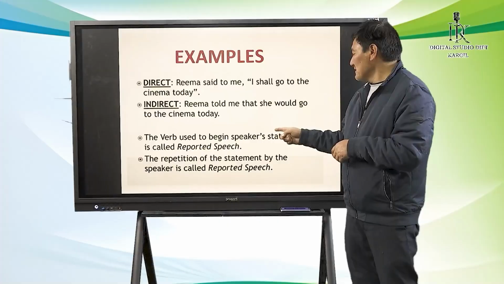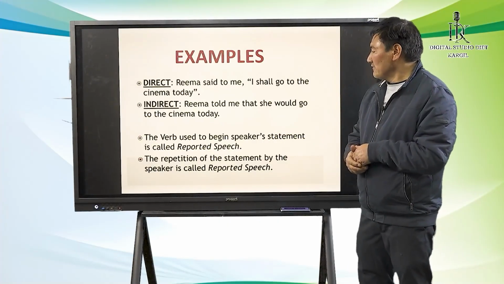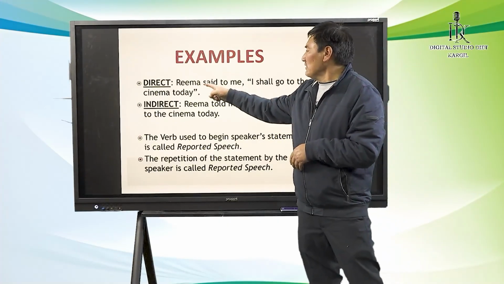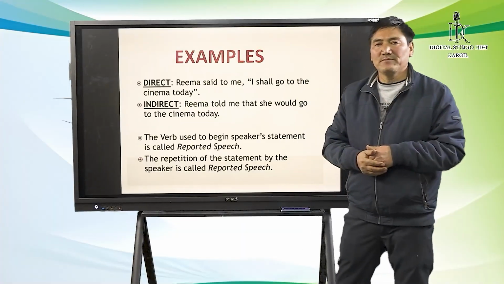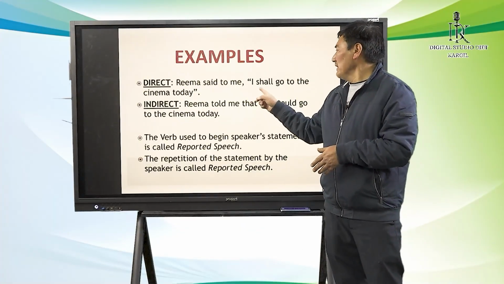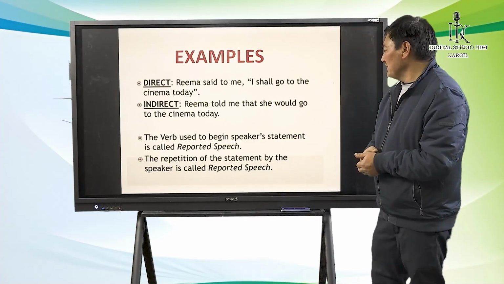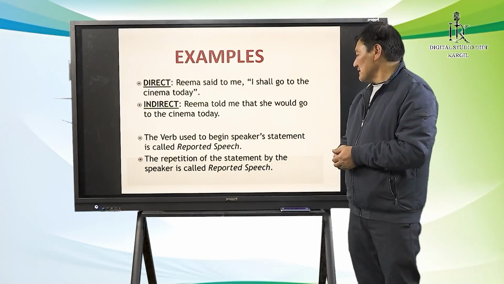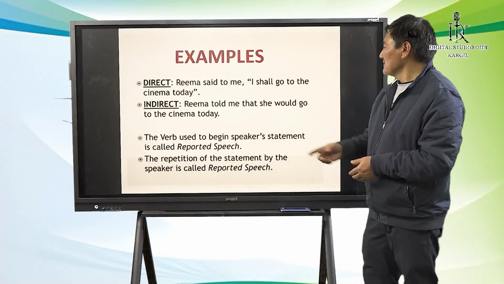The verb used to begin the speaker's statement is called the reporting verb. Here, "Rima said to me" is the reporting verb, and the repetition of the statement made by the speaker is called reported speech.